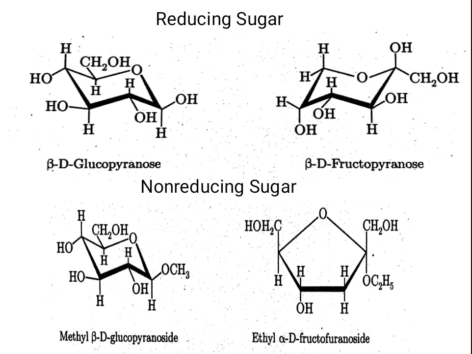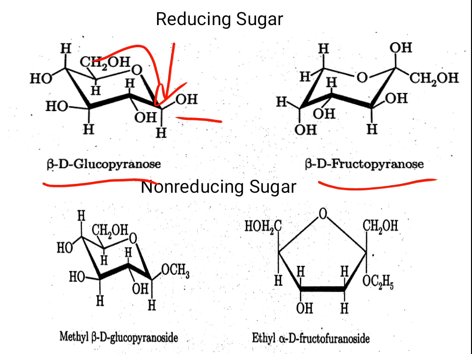So this is the example of some reducing sugar and non-reducing sugar. Beta D glucopyranose and beta D fructopyranose are the examples of reducing sugar, because you can see, if you look at this carbon, this is attached with one OH and another OR group, so this is a hemiacetal form. Similarly, this carbon is also a hemiacetal.